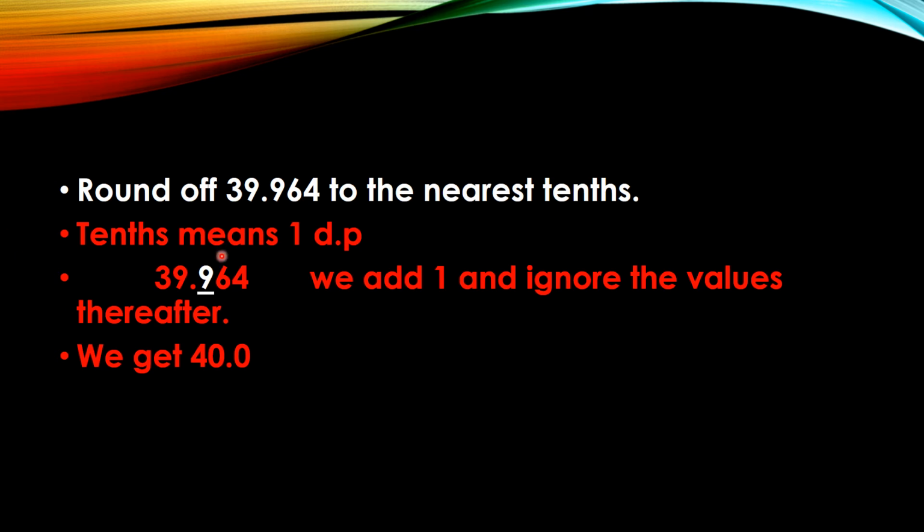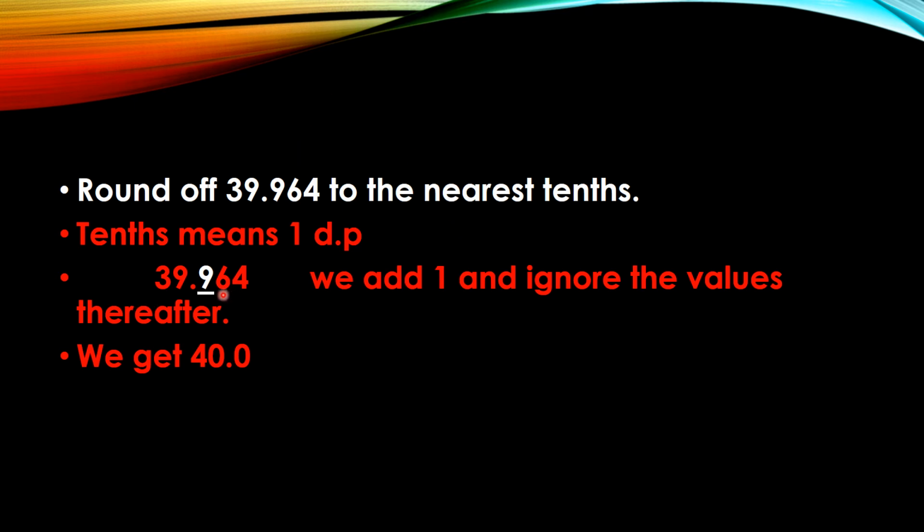So if you look at this digit here, 39.964, we add 1 and ignore the values thereafter. We ignore them because your answer must only have 1 decimal place. You look at this digit which is here.